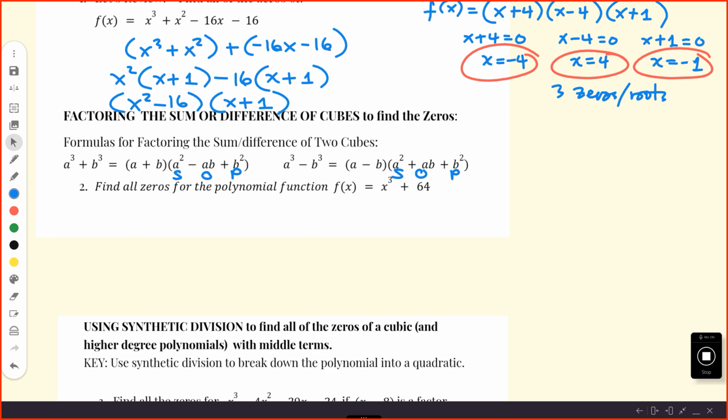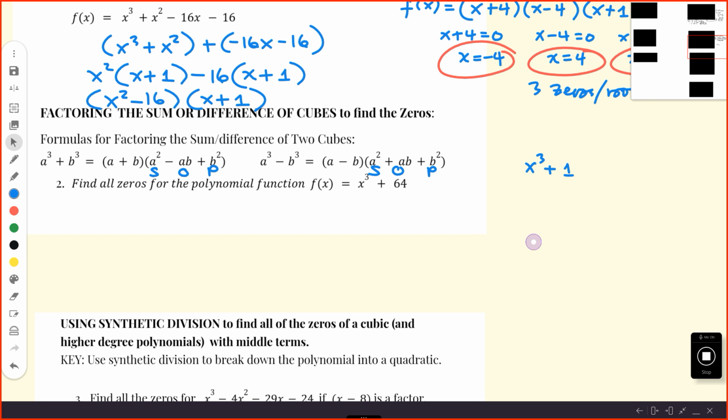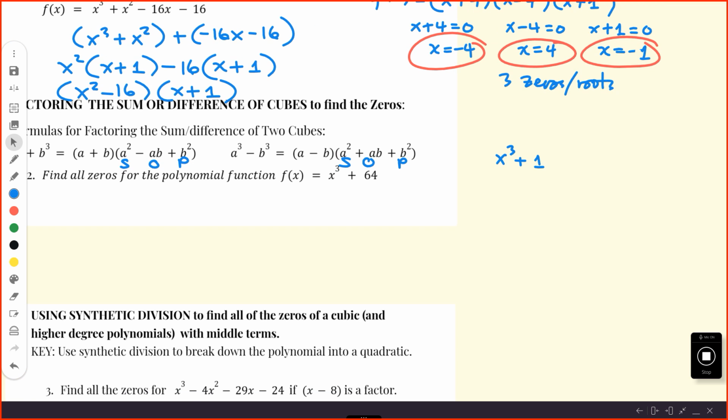Okay? So remember, let's say, for example, if you have x cubed plus 1. X cubed plus 1 is a sum of two cubes. 1 is a cube, right? You can do 1 raised to the power of 3, and x is also a cube. But how do you factor this?